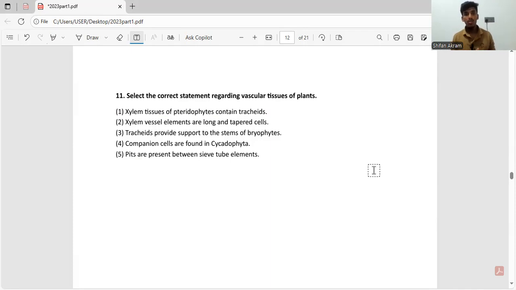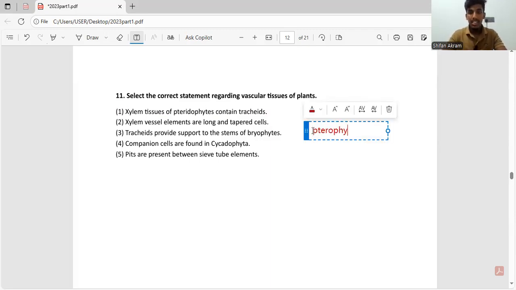Okay, now let's go through the 11th question. Select the correct statement regarding vascular tissues of plants. The first statement says xylem tissues of pteridophytes contain tracheids. Pteridophytes are seedless vascular plants.